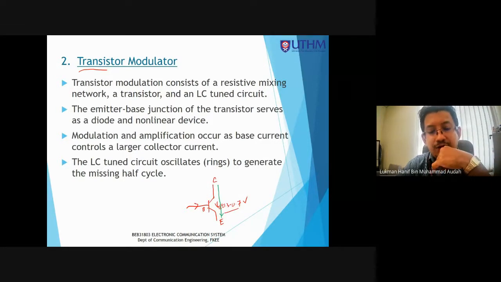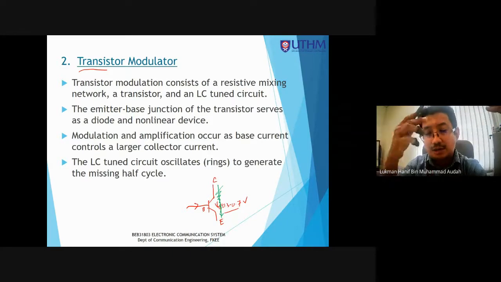If the voltage at the base is less than the threshold, then current cannot flow from the collector to the emitter.